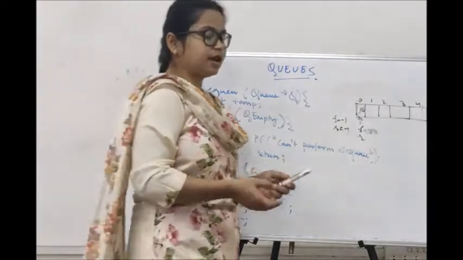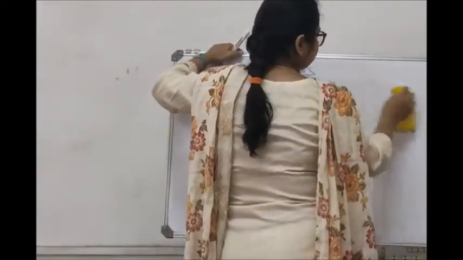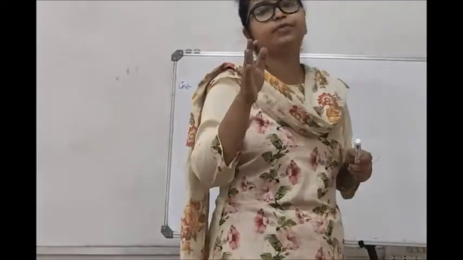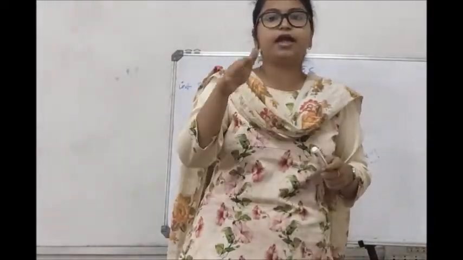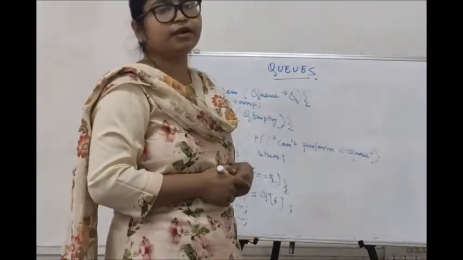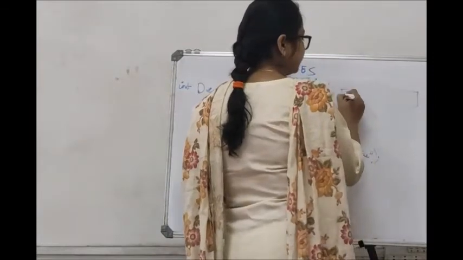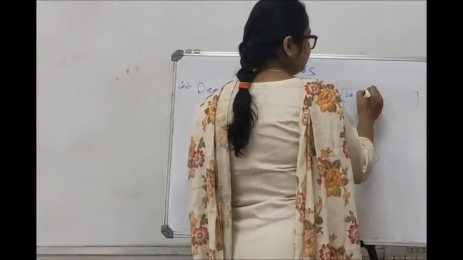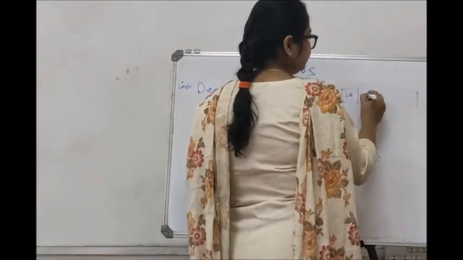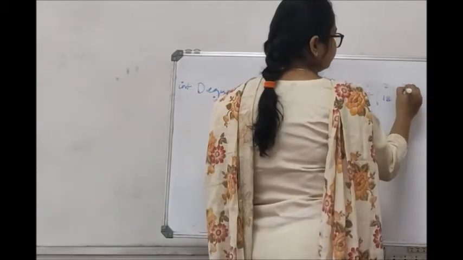Now else, the last condition is when there are multiple elements and you are deleting. Simply we will delete from the front end and we will increment front. Suppose there is 10, 15, 18 present, at indexes 0, 1, 2, 3, 4.